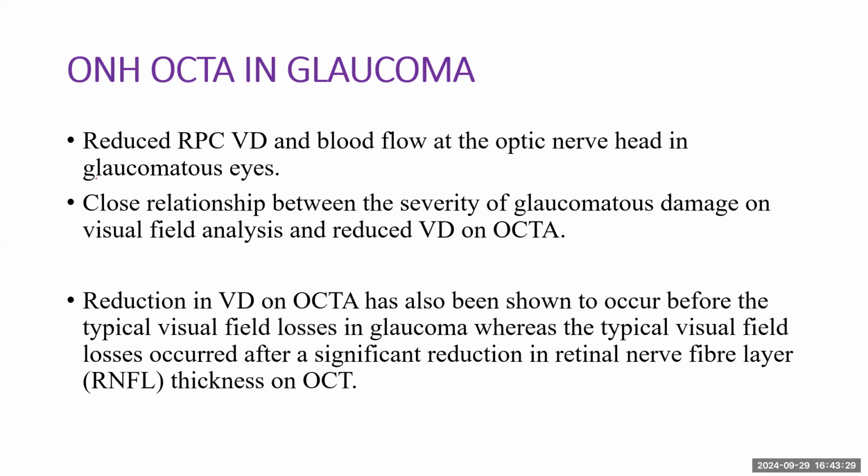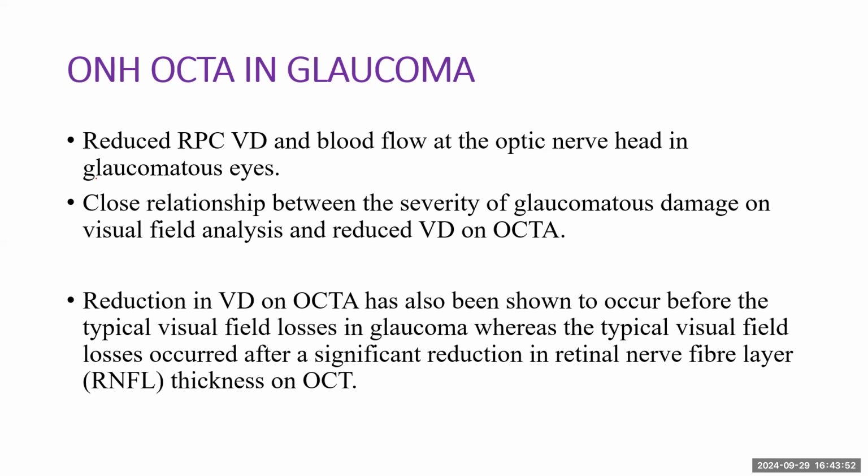What this means is that vessel density reduces first, retinal nerve fiber layer thickness reduces second, and then visual field changes occur. One of the things that is common in glaucoma that has been mentioned and repeated is the impact of disc hemorrhages in patients with glaucoma, especially normal tension.